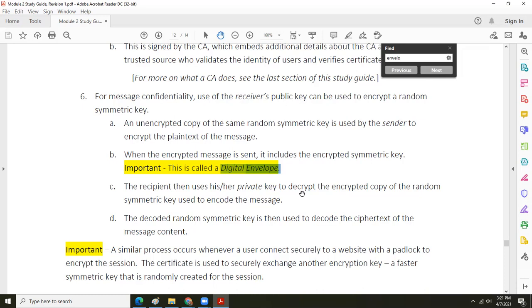And when you send your message back, you have my copy of my public key. Does that make sense? I have your public key, you have my public key. So when I'm sending a message back to you, I'm using my private key. And you're using my public key to do the reverse on the other end. Does that make sense?